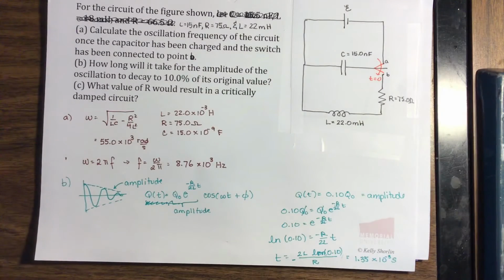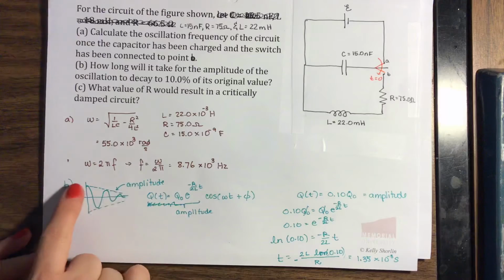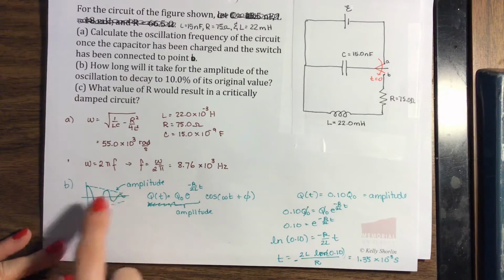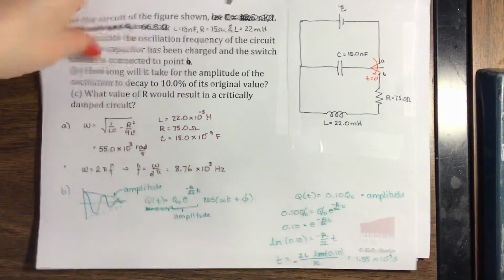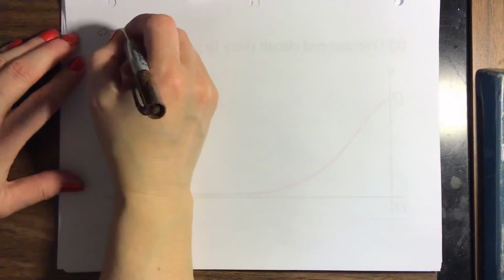So here we have to remember our definition of critically damped. Critically damped is when we change our resistance, we still get the motion dies off, but it doesn't oscillate. So that's what critically damped means. Let's just draw those two pictures.